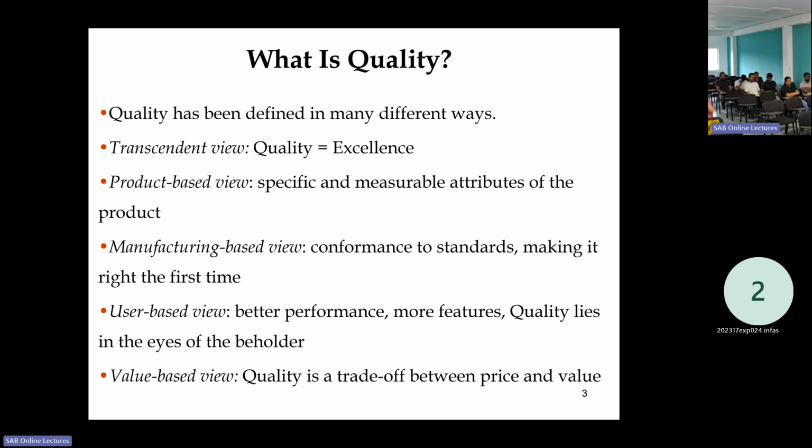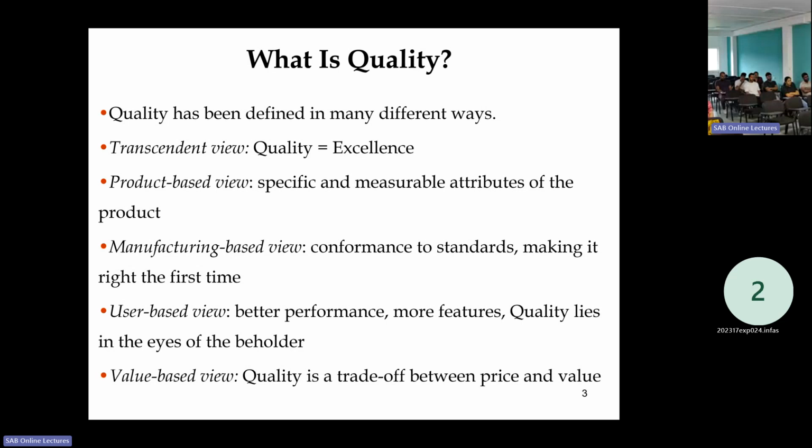There are certain points that we should note. I have mentioned a few things here from different theory sides. With different approaches, quality can be defined in different ways. The first one, the most traditional, we call the transcendent view of quality, where quality means excellence.